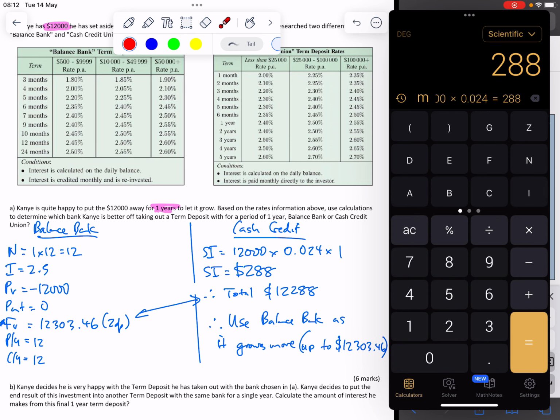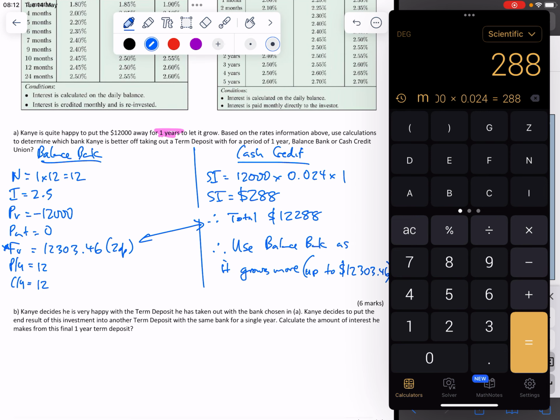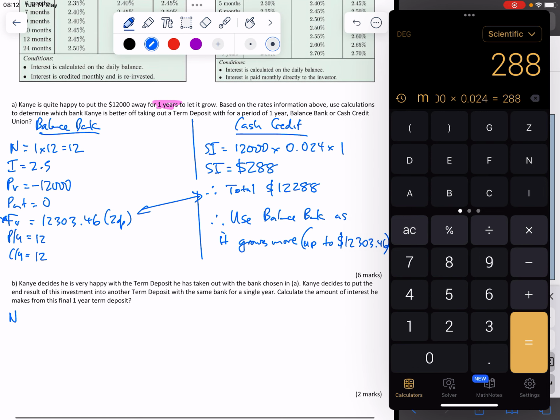So N is still going to be 12. Interest rate is still going to be 2.5. This time he's putting the end result, so he's going to put in 12,303.46. No payments. It's going to grow. PY is still 12. CY is still 12 because he's staying with the bank.